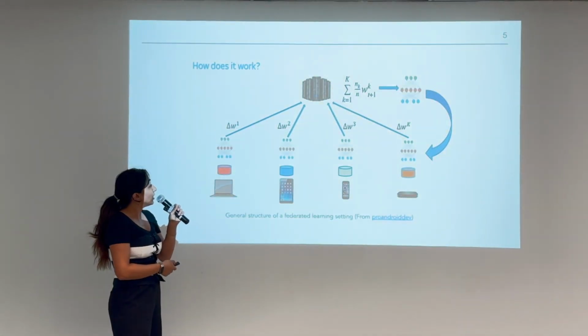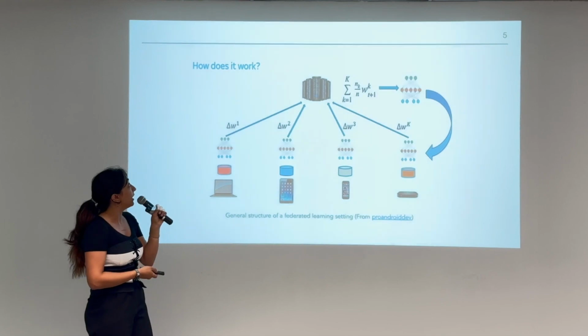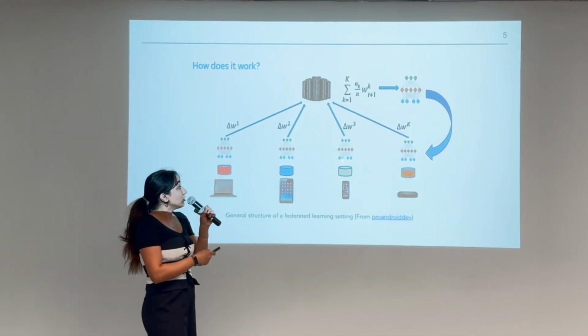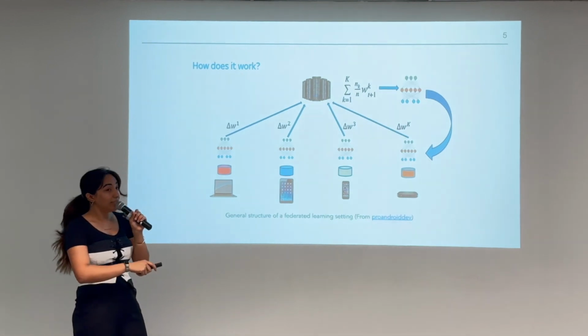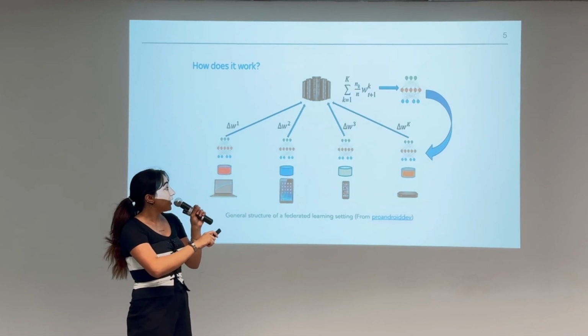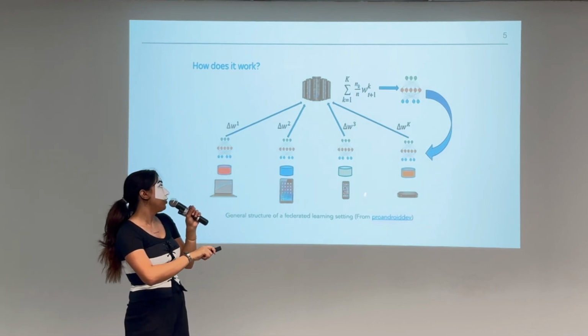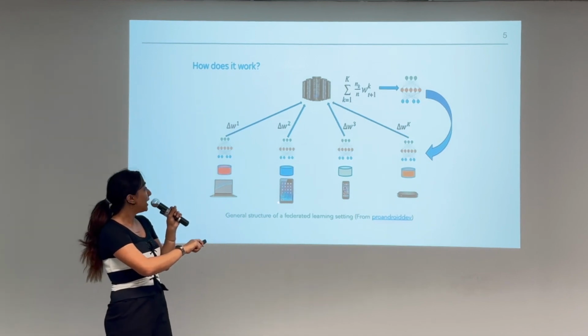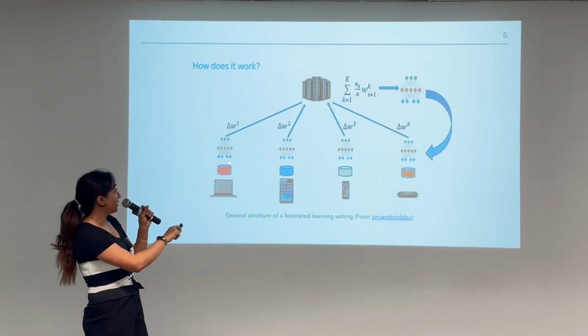Let's dive a little bit deeper into the structure of federated learning. Let's say that in this room, we're going to train a model. All of you use your own data on whatever device you have and train a model like this.